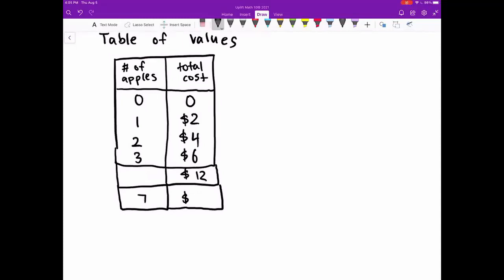So the total cost is equal to 2 times the number of apples. If we have $12, then we have 6 apples, and if we have 7 apples, then we have to spend $14. Hopefully that makes sense.